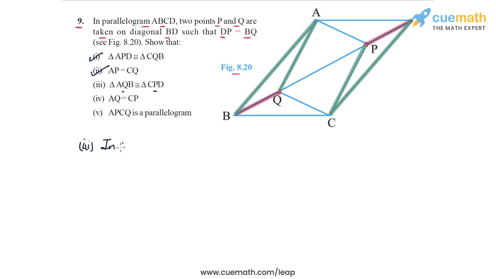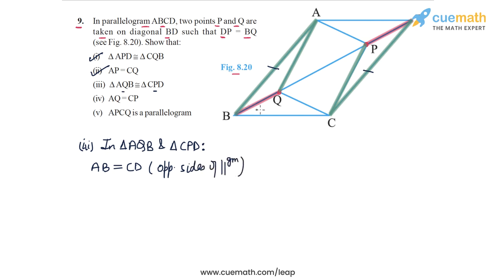So in triangle AQB and triangle CPD, what are the parts which are equal? So AB is equal to CD because these are opposite sides of the parallelogram ABCD. Also BQ is equal to DP.